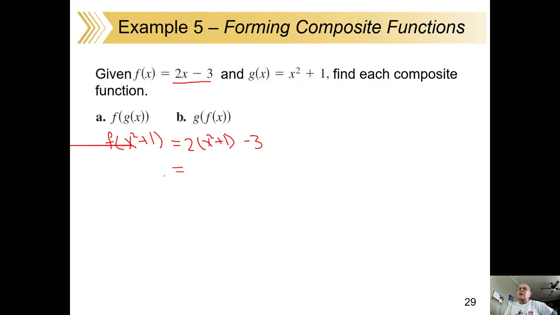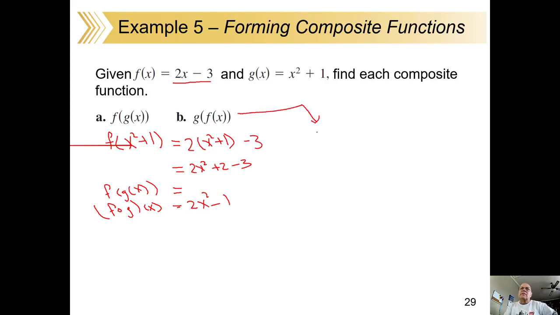Once you have that down, it's just a matter of simplifying. 2x squared plus 2 minus 3. So f of g of x, alias f composed of g of x, is 2x squared minus 1.